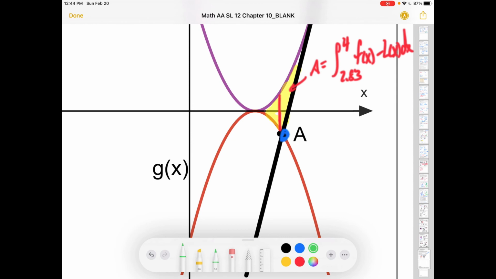On the other hand, this section right here is going to be the integral between 2, because this is at 2 here, and 2.83 of f of x minus g of x. And if you added those two things up, you'd get the full yellow area.